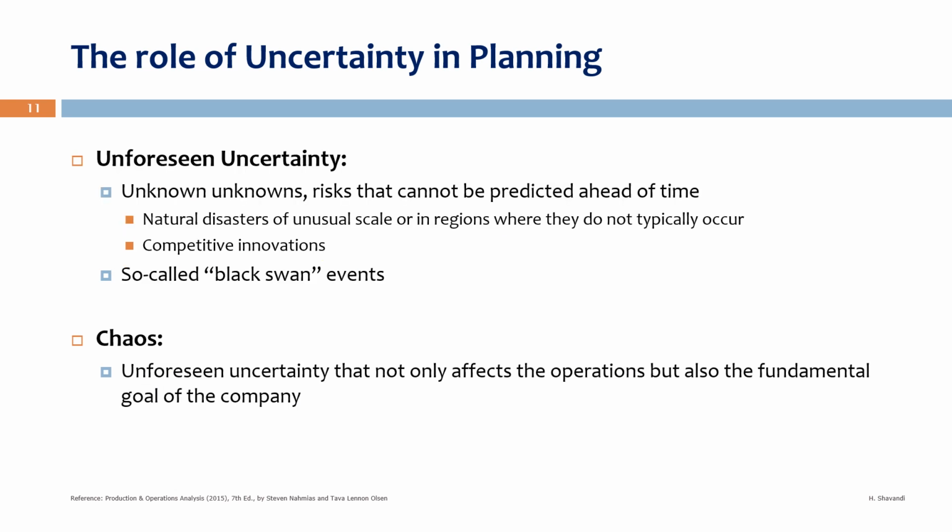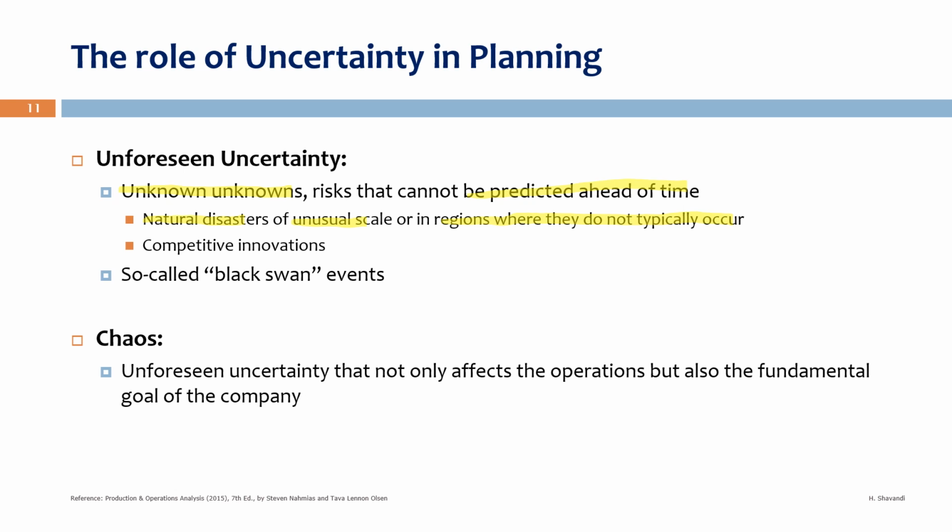The third one, and maybe the worst one, is unforeseen uncertainty. Here it's unknown unknowns, risks that cannot be predicted ahead of time. So we can't be prepared for that. For example, natural disasters of unusual scale or in regions where they do not typically occur.